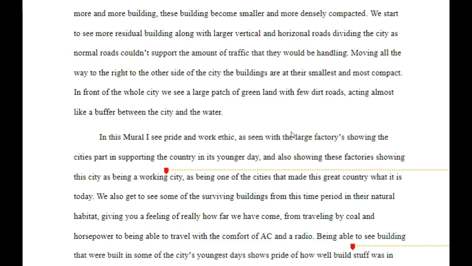And so that needs to get flipped around. The details that you have should be supporting a claim that you're making about how the murals are getting an idea across. Whether it be pride, or whether it be pride in the history of work and the history of labor in this town. I think that could be actually a cool paper, and I'd be interested in reading that.